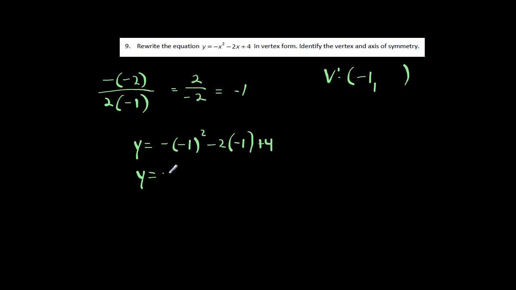So y equals negative, -1 squared is 1. -2 times -1 is 2. 6 minus 1 is 5. So we have our vertex of -1, 5. So we know that. And it's asking us for the axis of symmetry.